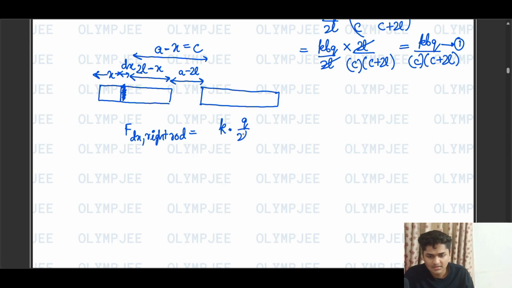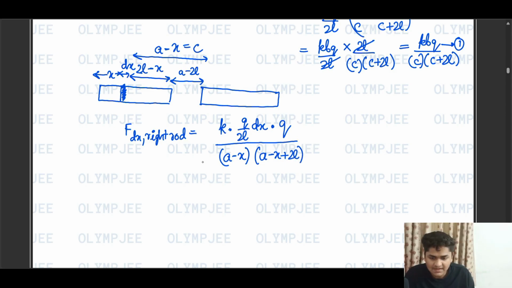Q by 2l dx multiplied by q divided by c, which is a minus x, and c plus 2l, which is a minus x plus 2l. So now we can integrate this from 0 to 2l to cover this entire left rod. So this will become kq square by 2l.